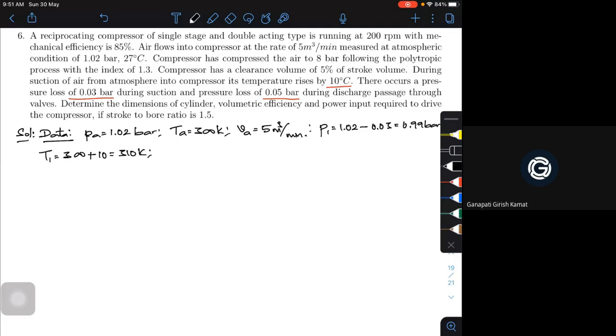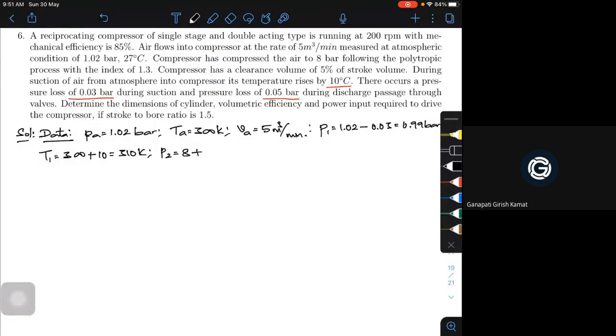Now what about the delivery? P2 is 8 bar, following a polytropic process. But there is a pressure loss. At the suction there is a drop in pressure, but at the delivery, loss means there is an increase.